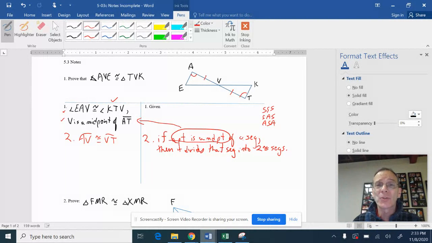There are almost no good reasons for concluding that there are any other congruent parts in this diagram. But I did say almost. There is one reason to know that one other pair of parts from these triangles are congruent, and only one.